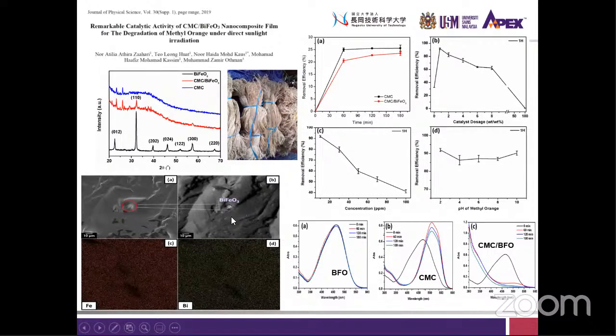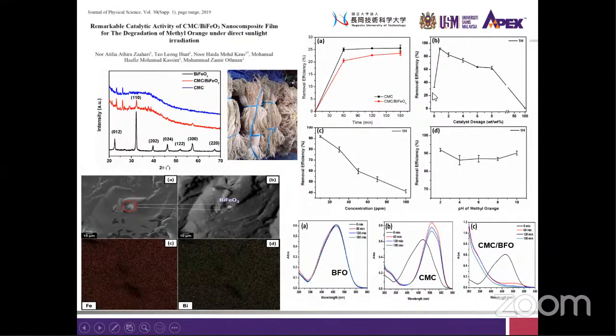The active sites of the bismuth ferrite on top of the cellulose can react with the photon and do their work. So what we can see is that with only CMC and CMC bismuth ferrite here, there is not really a removal efficiency, because these are dark conditions.